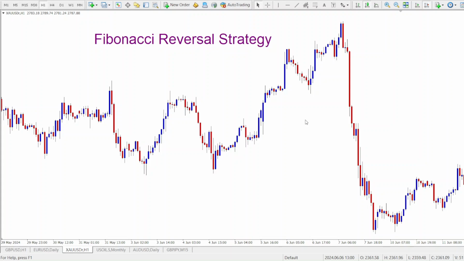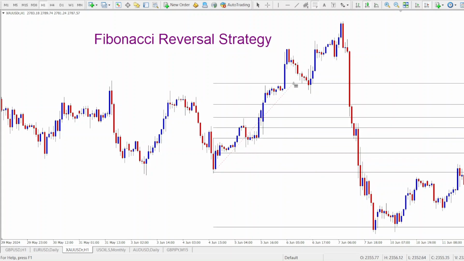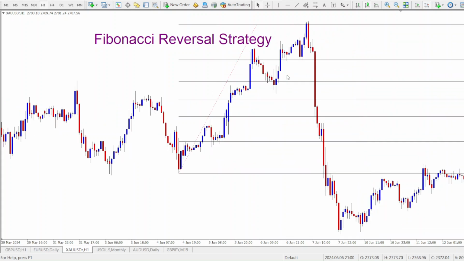But in forex trading, we use Fibonacci retracement and extension levels as potential support and resistance points. These levels are calculated using percentages like 23.6. Now I'm just going to add a Fibonacci retracement randomly so we can look at that.